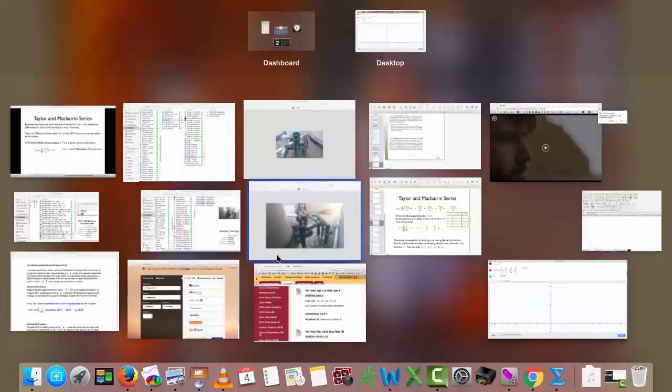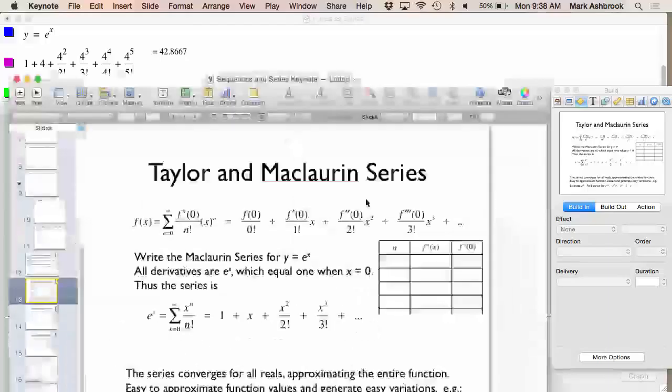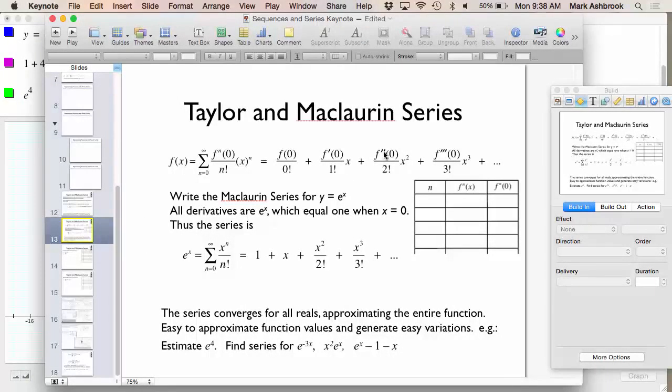And so then we can also build off of our e to the x function and find other functions. For instance, because we have e to the x as a polynomial, we could very quickly write a function for e to the minus 3x and x squared e to the x. Try those two. And then if you're done with those, try this one.